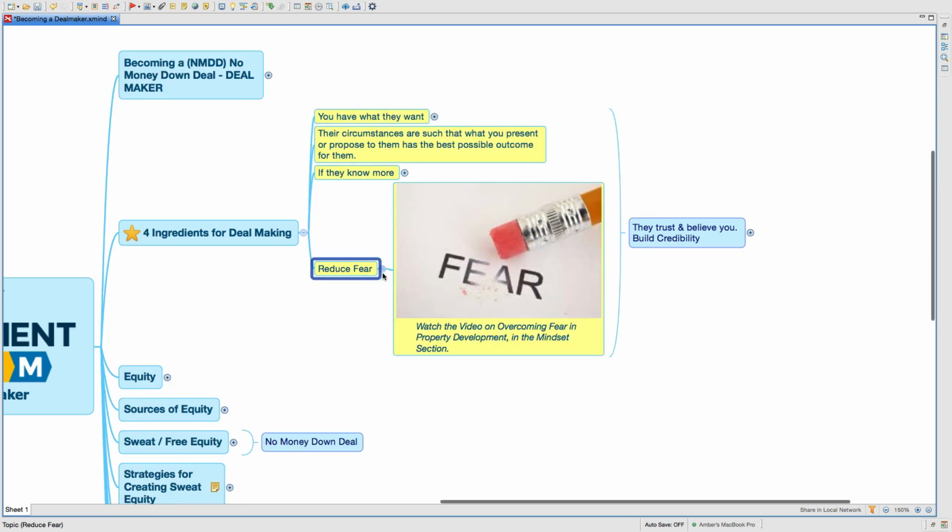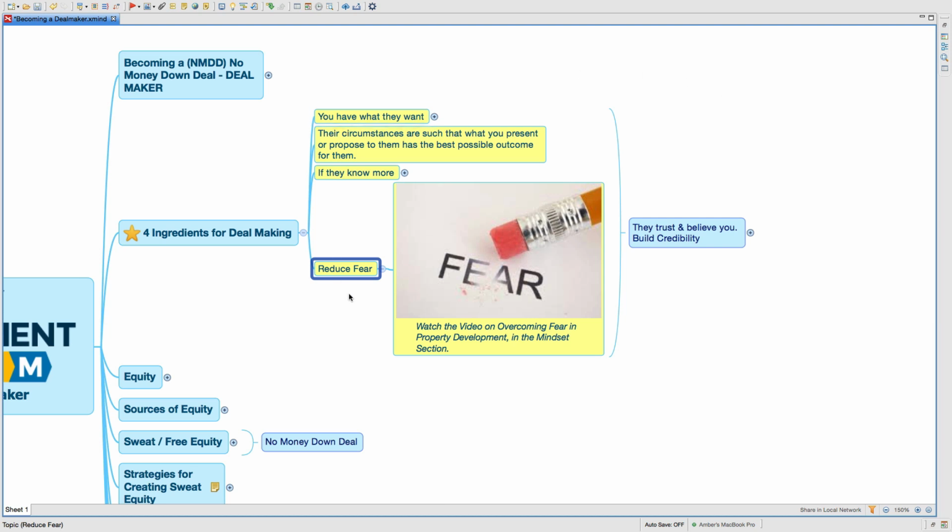The fourth thing you can do with them is reduce fear. If you have been watching all my videos, the first module, mindset, had a video about overcoming fear in property development. You should watch that video again and take notes from it, so that when you've got questions from your investors and clients, you know exactly how to answer them and how to tackle them.